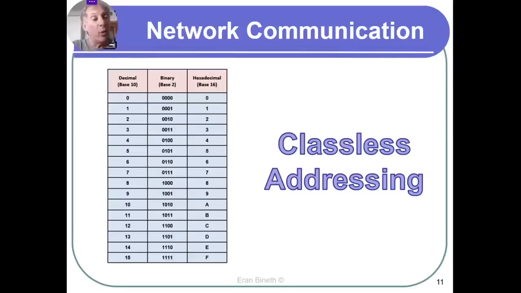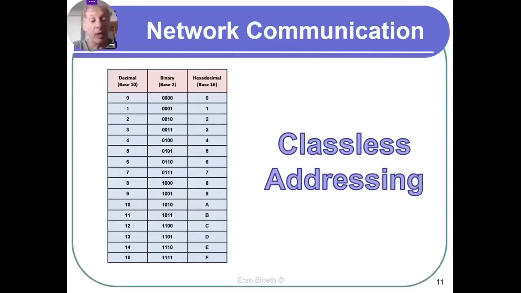But what if we only needed 1 million and not 16 million computers for a class A company? In that perspective, by getting that address of, let's say, 34.x.x.x, we would waste 15 million computers.